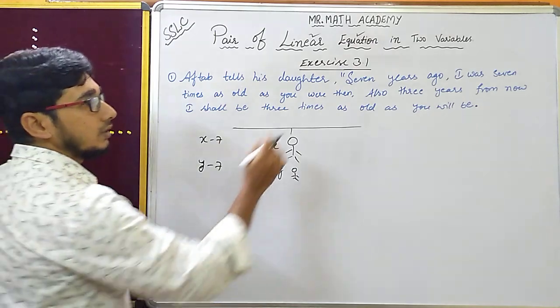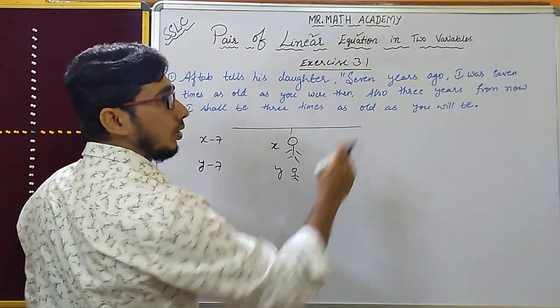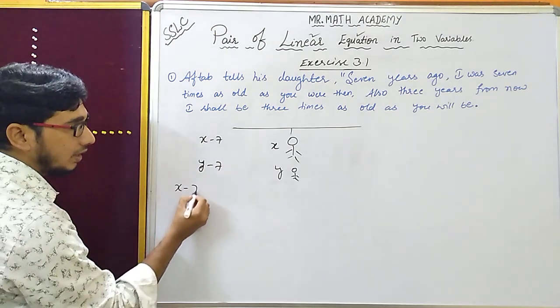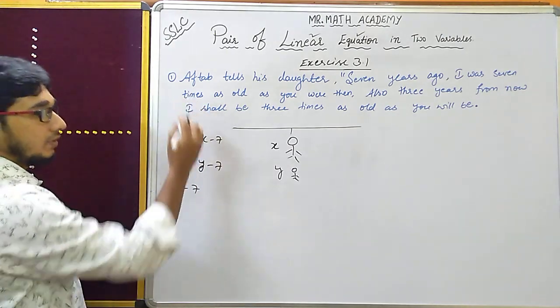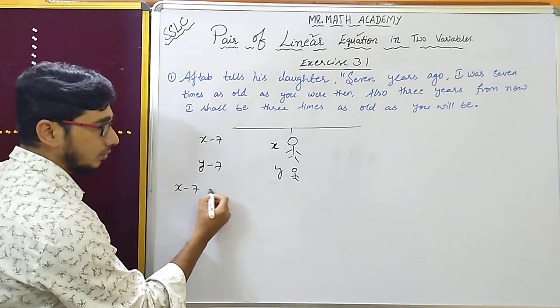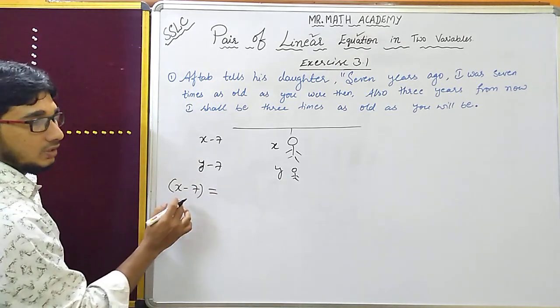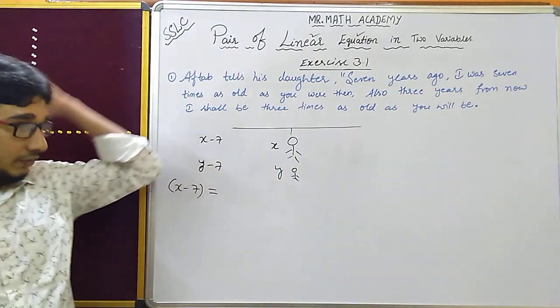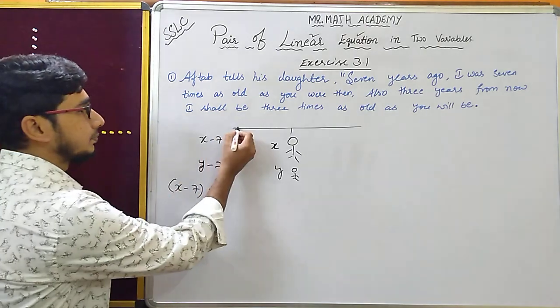He's telling, 7 years ago I, the father, was 7 times as old as you, so this becomes the equation.